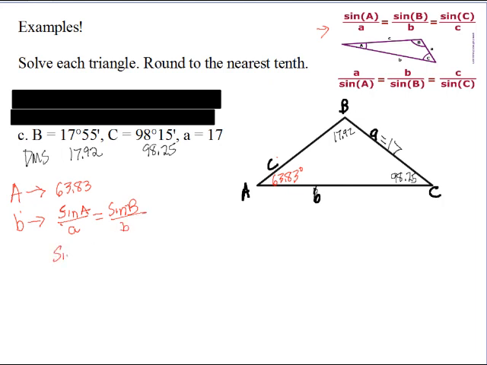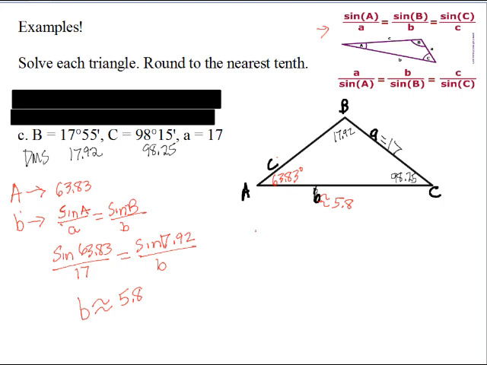Plug in what you know. So I know big A, which is 63.83. I know little a, which is 17. And I know big B, which is 17.92. I don't know little b. When you cross multiply and do all that good lovely jazz, we're going to get approximately 5.8. Okay, so this is approximately 5.8.